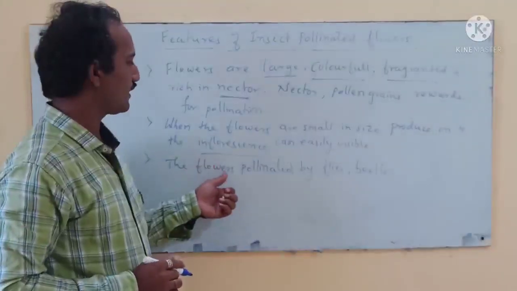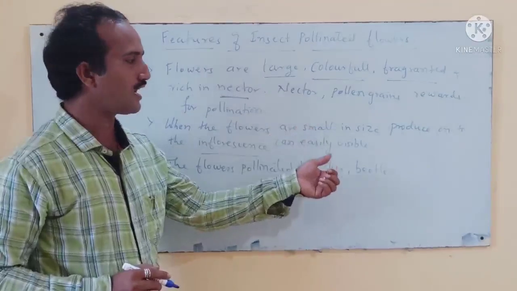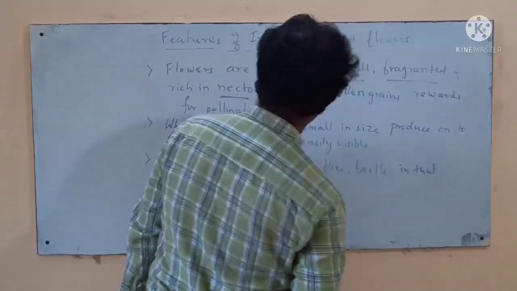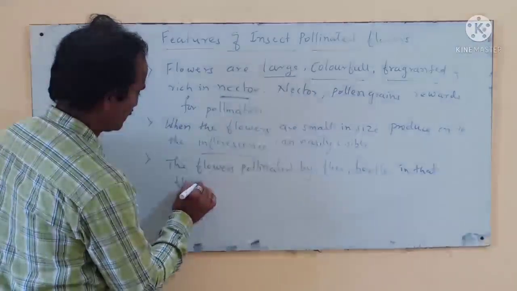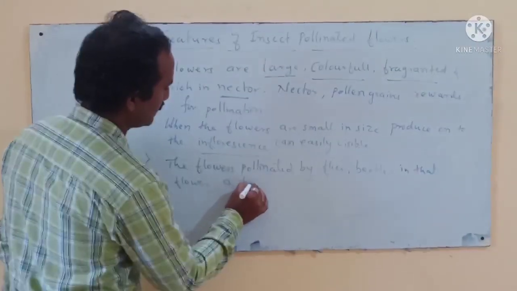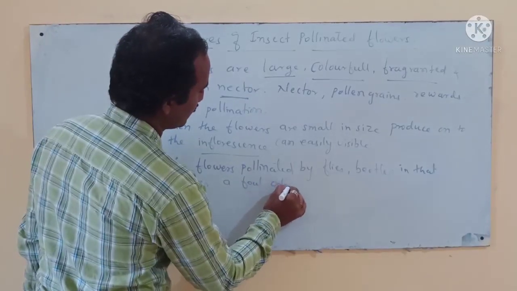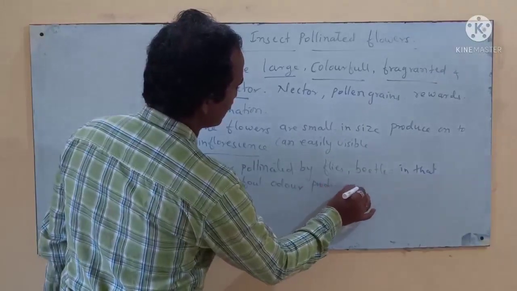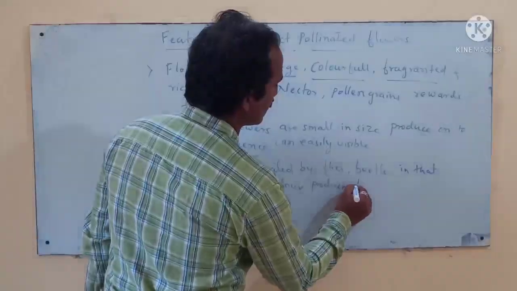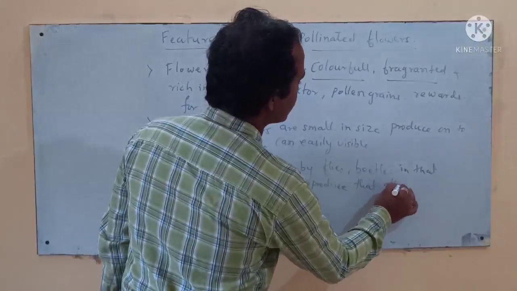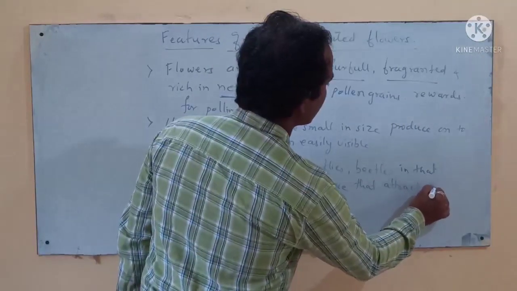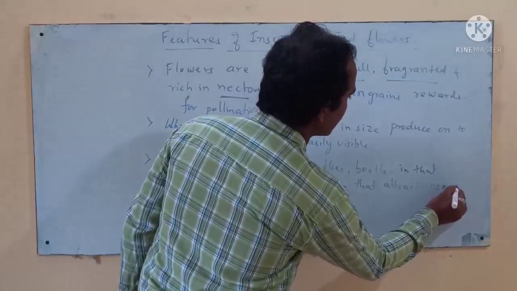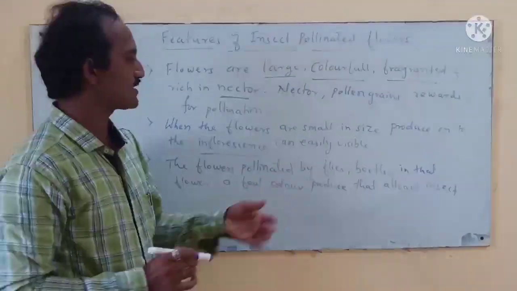So that's why in the flowers pollinated by flies and beetles, a foul odor is produced that attracts the insects.